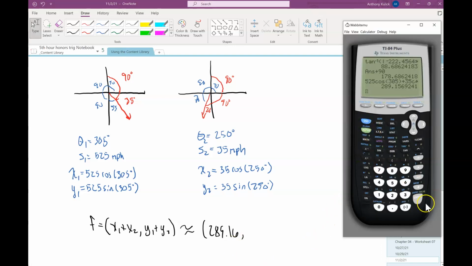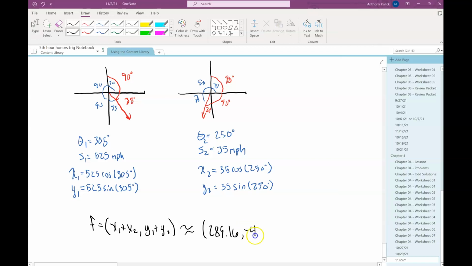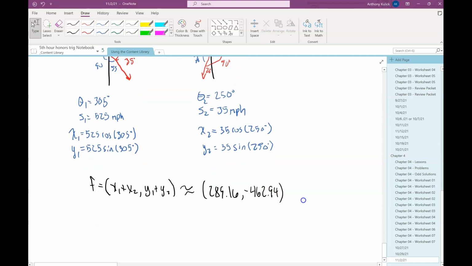And then the same thing except with sines, so negative 462.94. Everybody's okay with that?